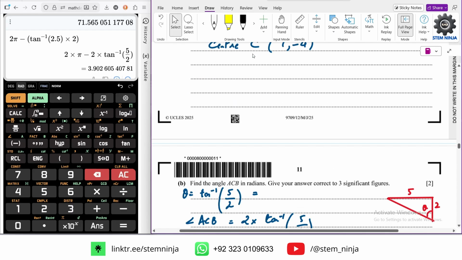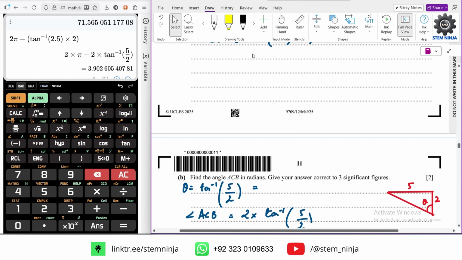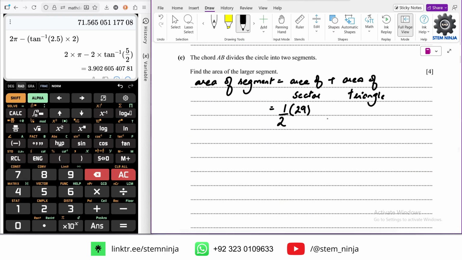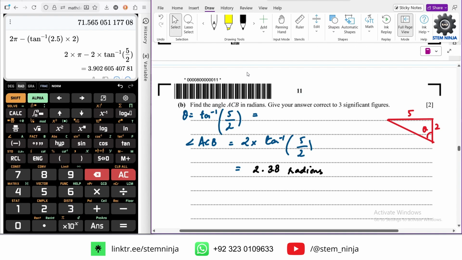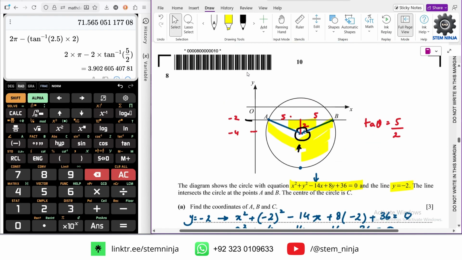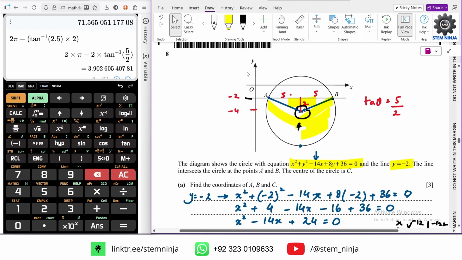We found this over here, right? 29. And then the theta in radians is this, 2 pi minus 2 tan inverse of 5 over 2, plus the area of the triangle, which is half AB sine theta, right?